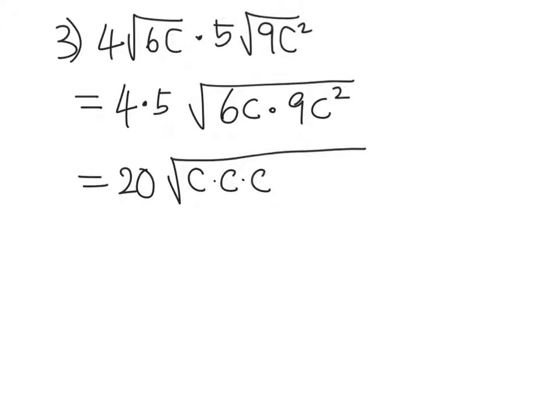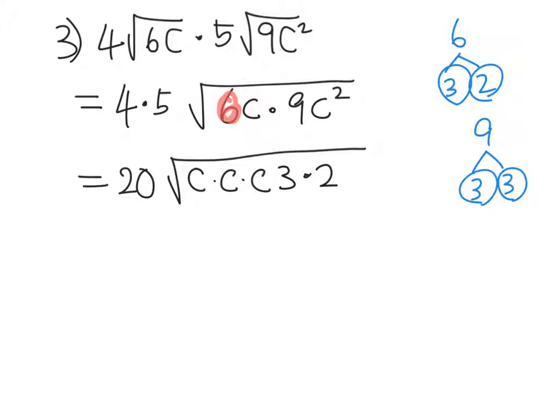And then now I see a 6. And according to my factor tree, 6 is 3 times 2. Oh, okay. So I'm going to put 3 times 2 for the 6. Now I'm going to look at the 9. Okay? And so I'm going to do the factor tree for 9, which is 3 times 3.